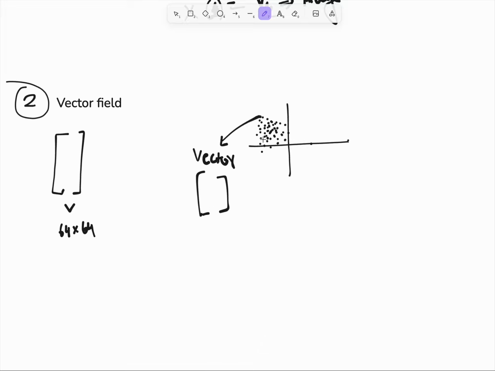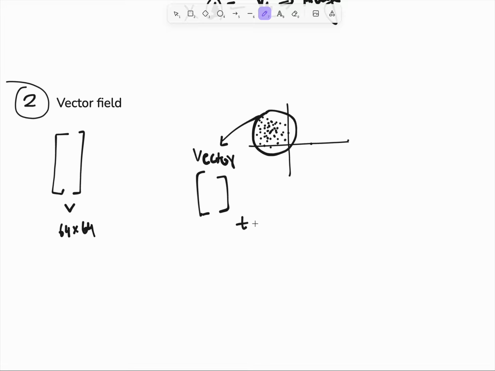Because you have a data distribution, let's say this is the noisy distribution here. Every point here is a vector, which is represented as a point for convenience, in the n-dimensional space.